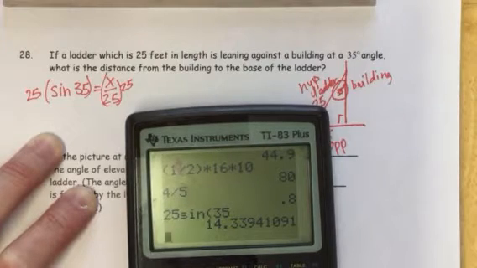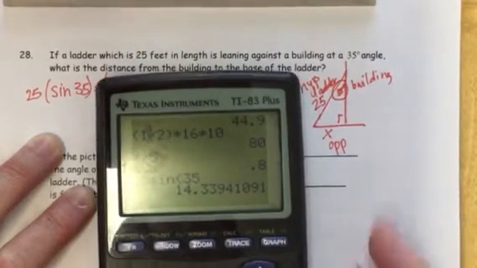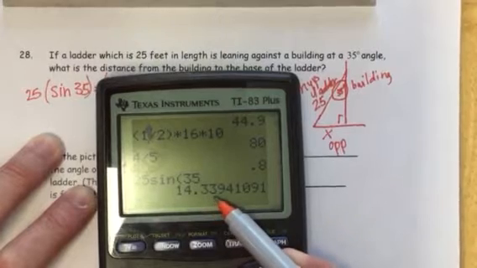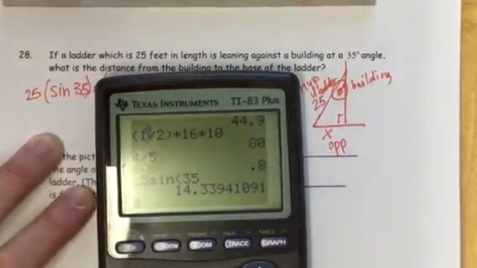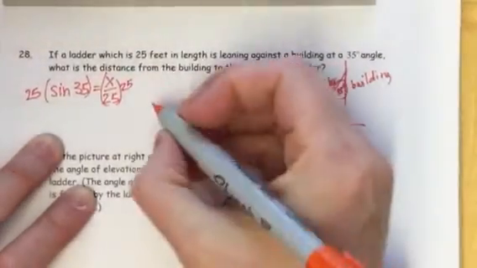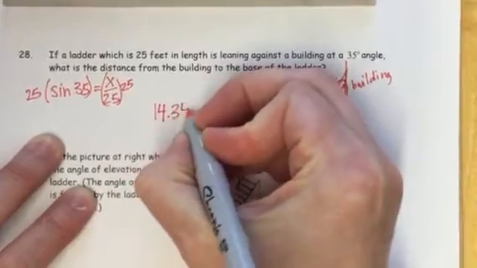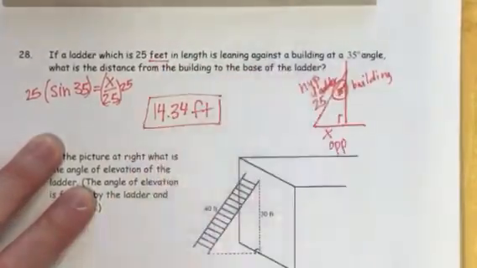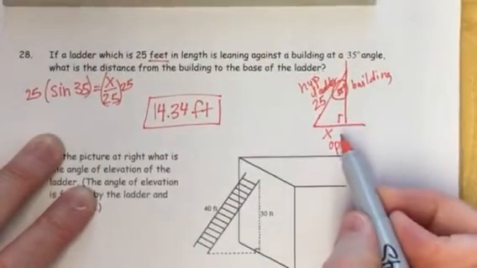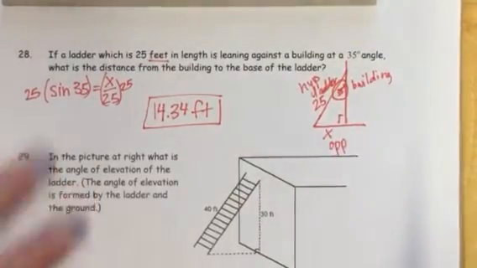So let's do hundredths place just for fun. So this is tenths and then hundredths. Instead of staying at the 3, I'm going to go up to 4 because this one is 5 or greater. So I'm going to put 14.34 feet from the building to the base of the ladder.